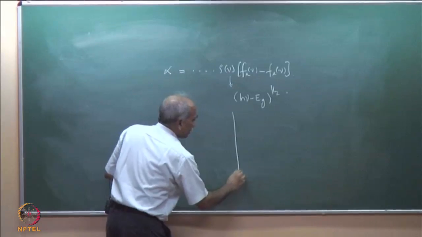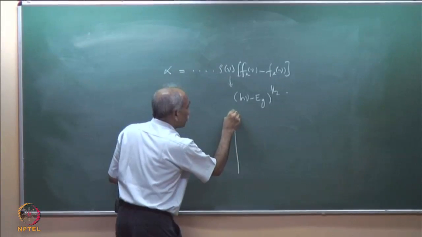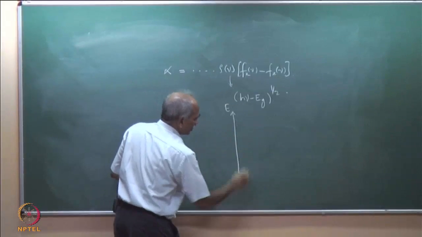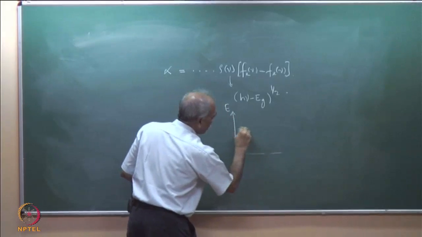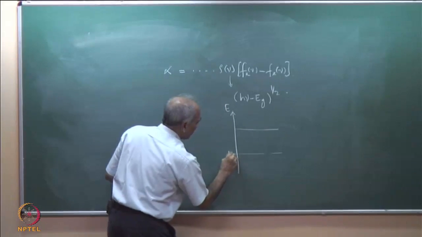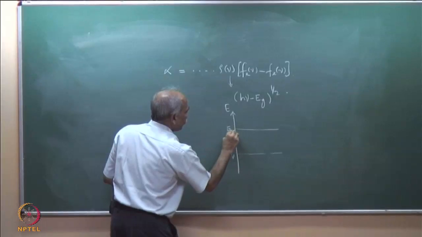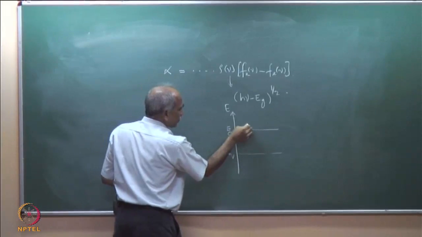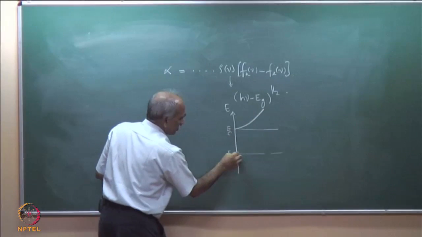And recall that the density of states, the first time when we plotted E, and this was Ev, this is Ev, Ec, and then we saw that the density of states goes like this.